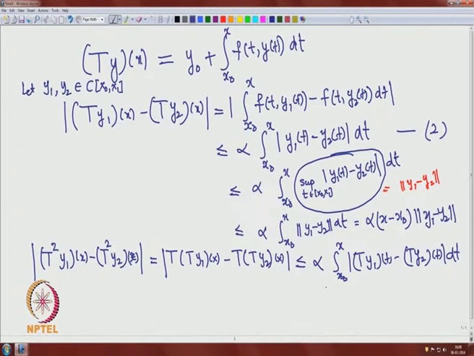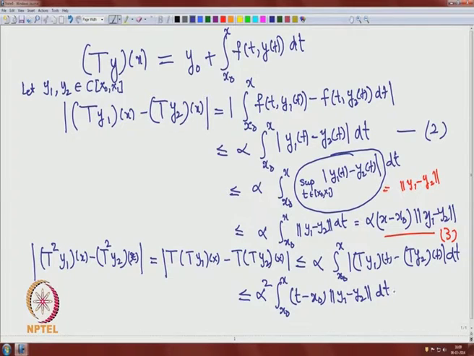Now, using the inequality, call it number 3, the absolute value of T y1 minus T y2, from this equation number 3, I get this is less than or equal to alpha square times integral x0 to x, call it t minus x0, so x minus x0 becomes t minus x0, times norm of y1 minus y2 dt.